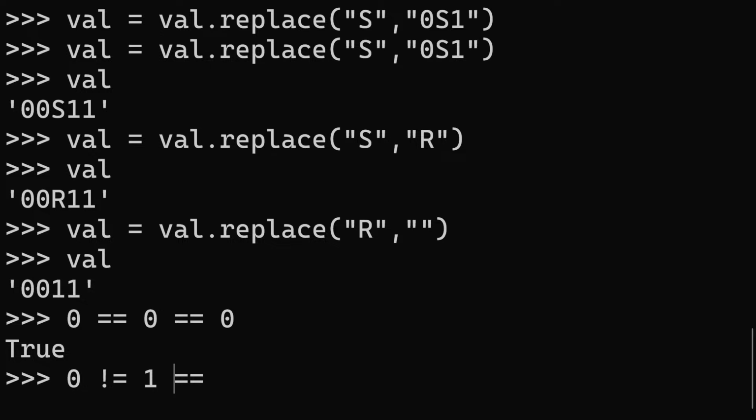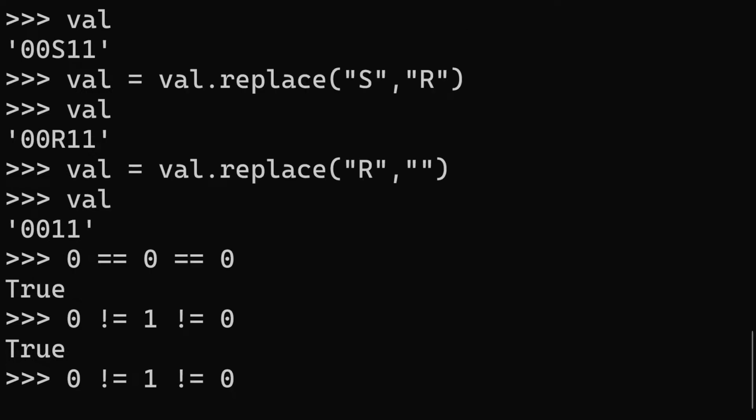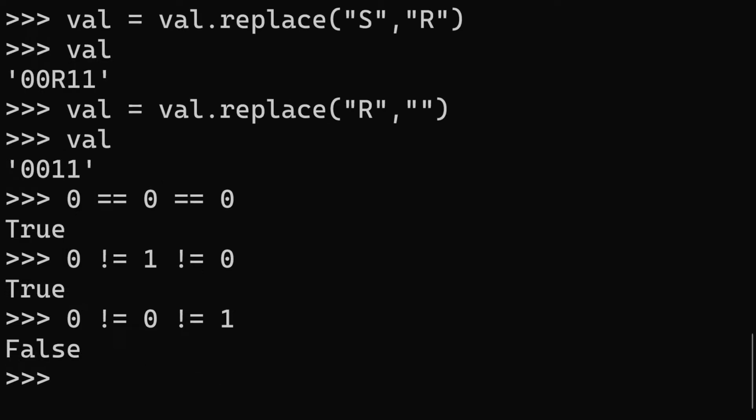I really don't like that. And I especially don't like that, because that's false. These are called chained operators, and I hate them, and I think no linguist would have allowed Python to have them.